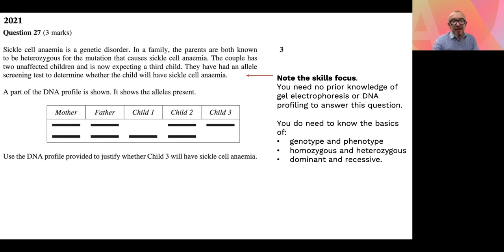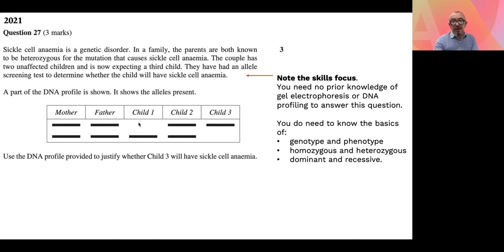So what that then means is that this particular trait here must be the dominant allele, and therefore this individual is homozygous dominant, and child 2 is also heterozygote, because if the trait was dominant, you can appreciate that the heterozygotes would actually express the sickle cell phenotype.